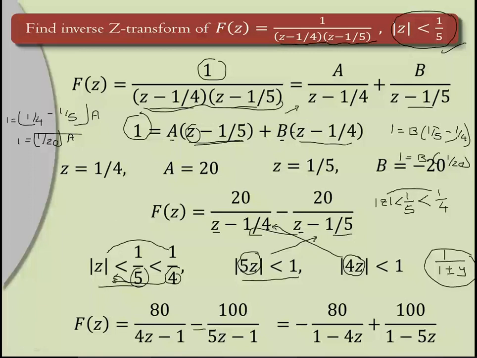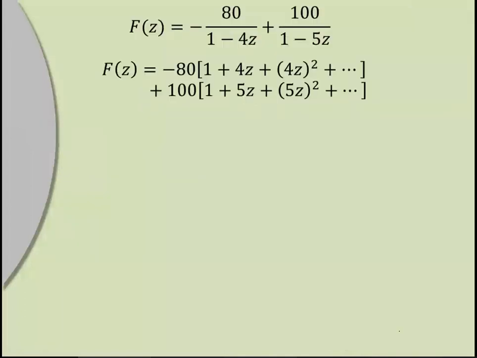Now use this formula for both these terms. 80 and 100, you keep as they are, constant terms. So keep these terms as they are and do the expansion. So f of z becomes minus 80 into the formula for 1 upon 1 minus y.